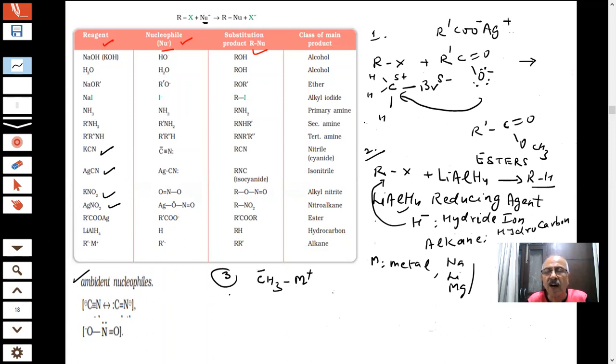Once this R is negative, what will happen? This is negative, this is a metal. This is a carbanion. Carbon carrying a negative charge is a very strong nucleophile.